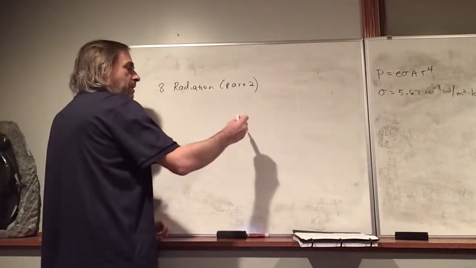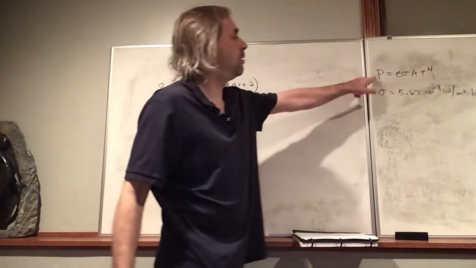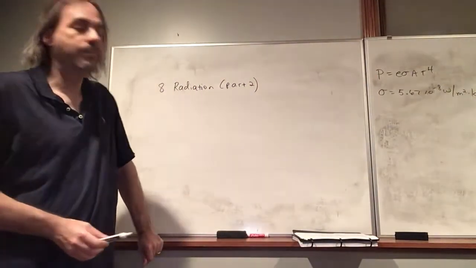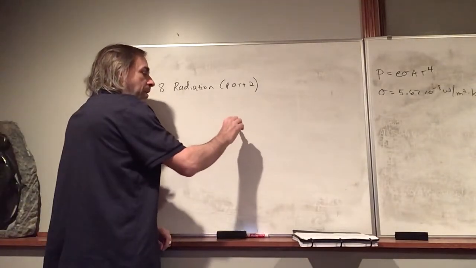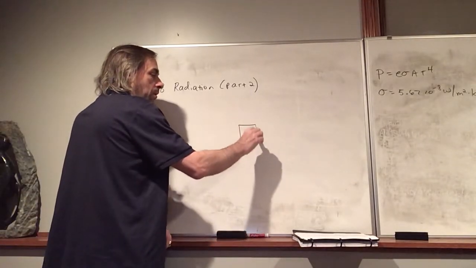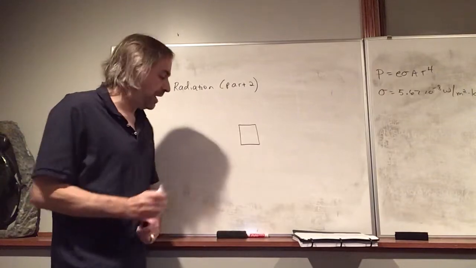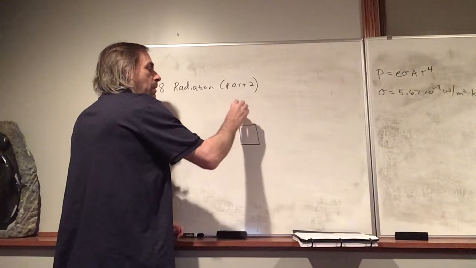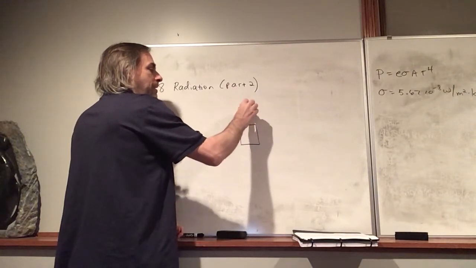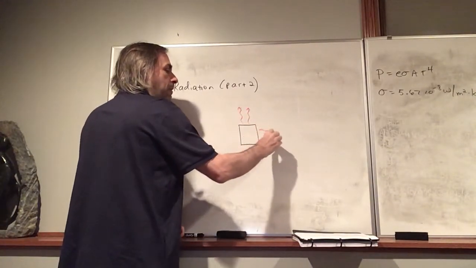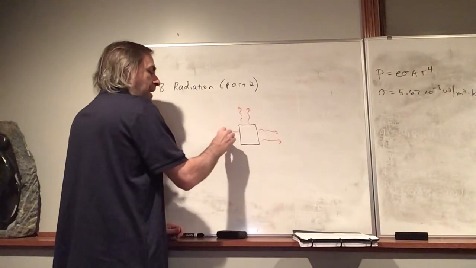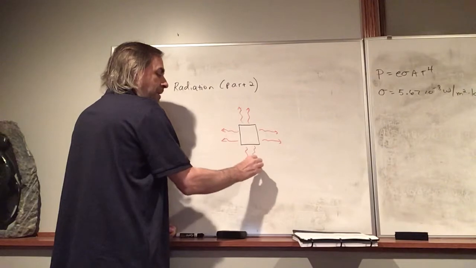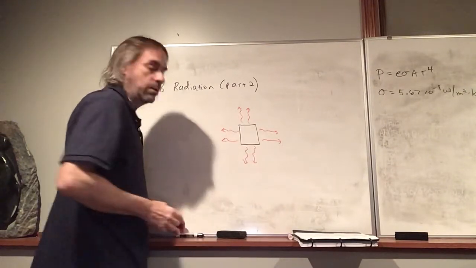So I mentioned we've got the basic law over here, the rate that energy is being radiated away. So let's say we have an object and it's radiating energy. And so we might expect this object, it's losing energy, so you might expect this object to cool off.